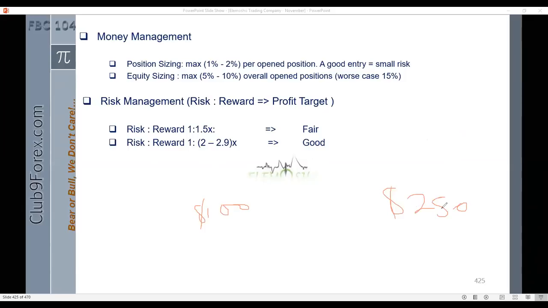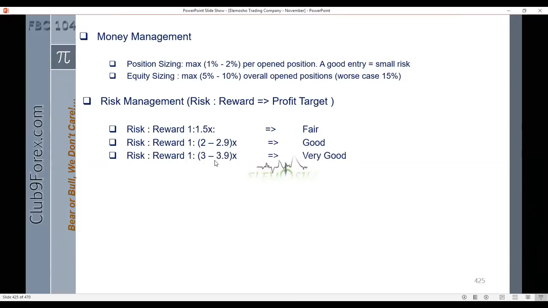So that is 2.5. It means that anytime you are making profit, you are making more than you are risking. We are going to see the effect of this later on, how it's going to eventually turn you into a profitable trader, even if you are not very good at picking good trades.